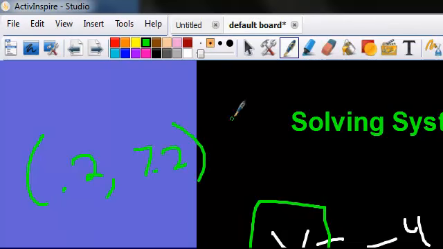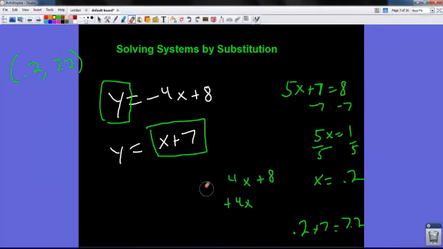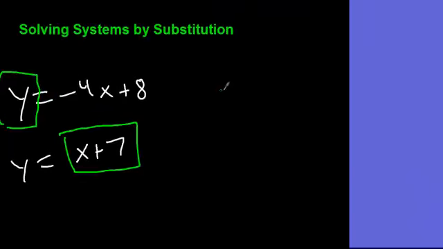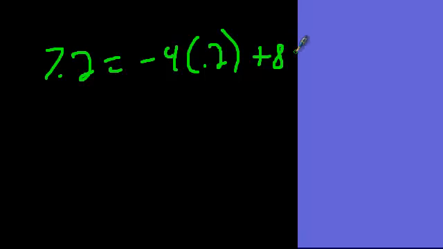Make sure it works, plug it in to each equation. So let's erase this. And this. Remember, to work, it must make both equations true. So if I go up here, 7.2 equals negative 4 times 0.2 plus 8.